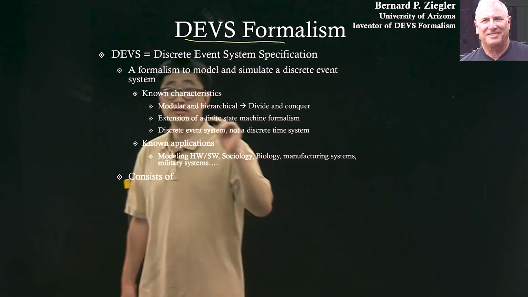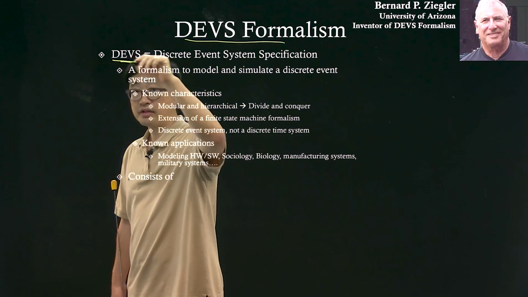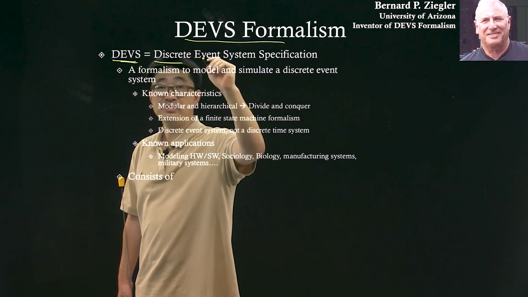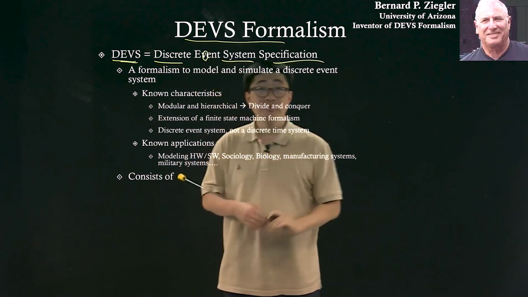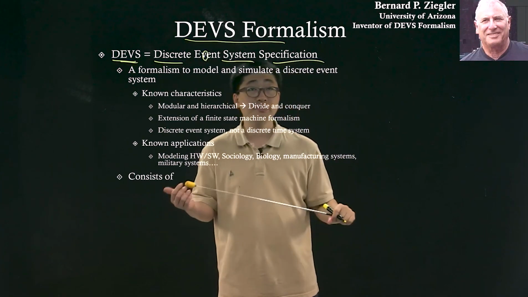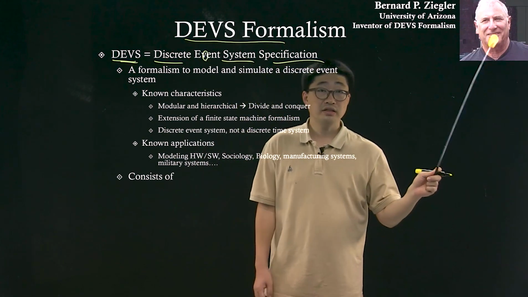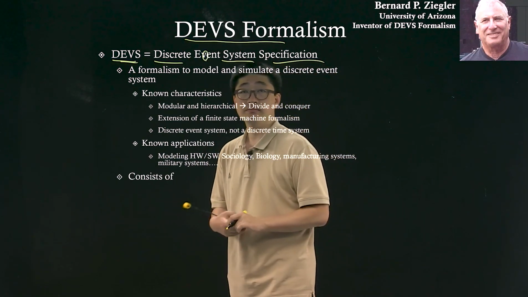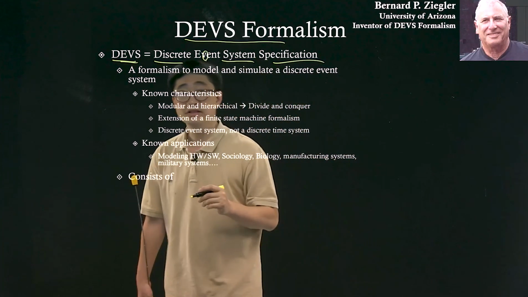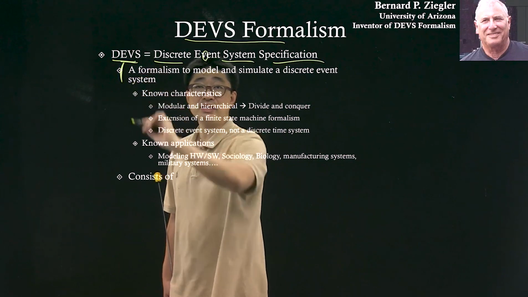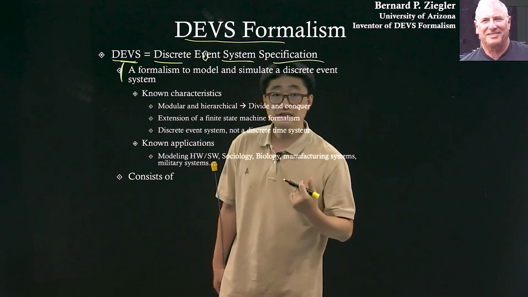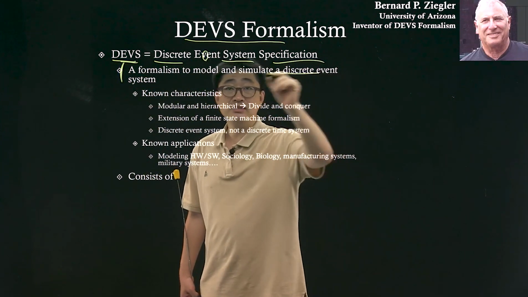Here, DEVS formalism means discrete event system specification. And this DEVS formalism was introduced by B.P. Ziegler. Okay? He recently retired. And from the simulation world, it is a formalism to model and simulate a discrete event system.